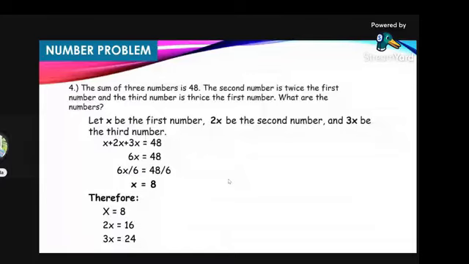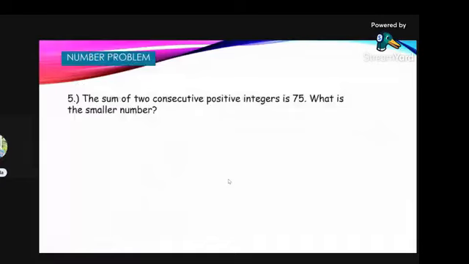Okay, last example. Last example for number problem before we proceed to our exercises. The sum of two consecutive positive integers is 75.